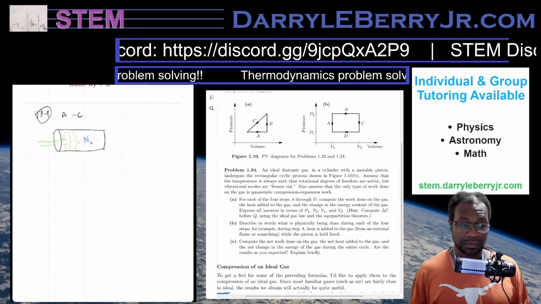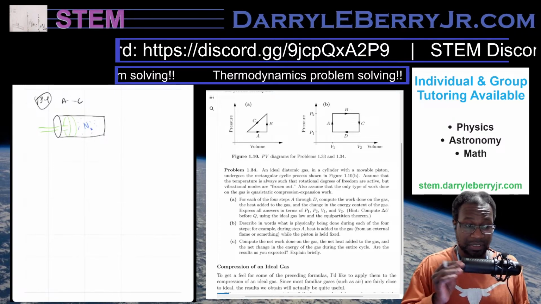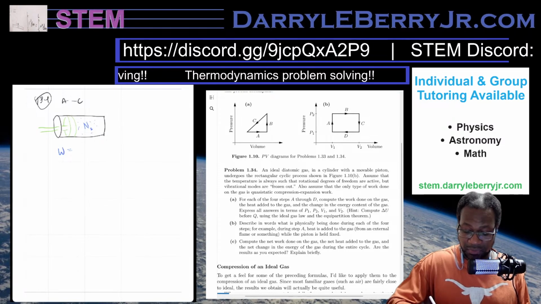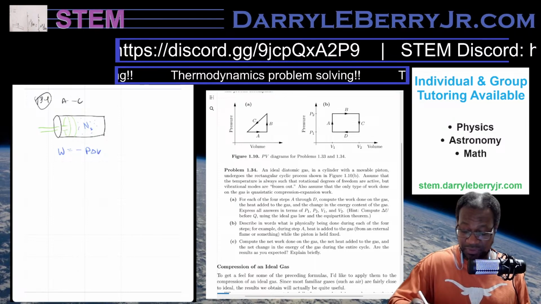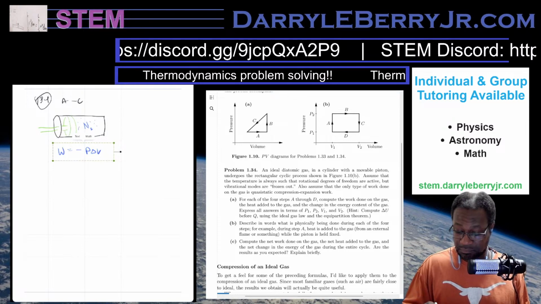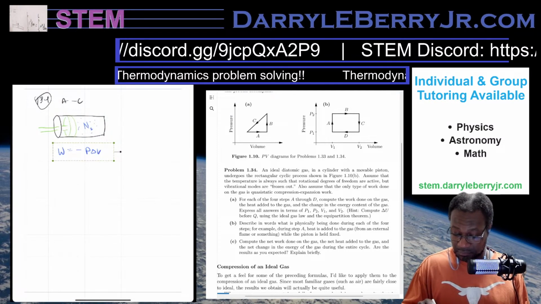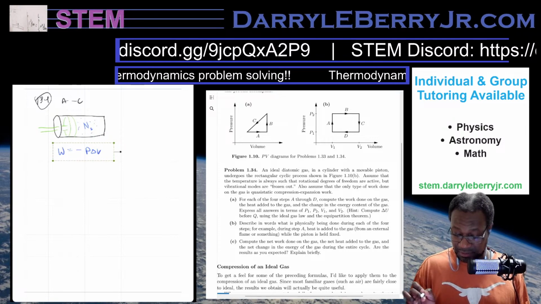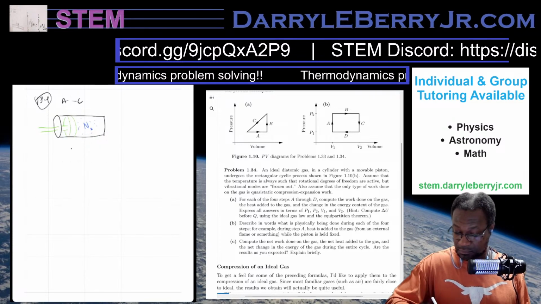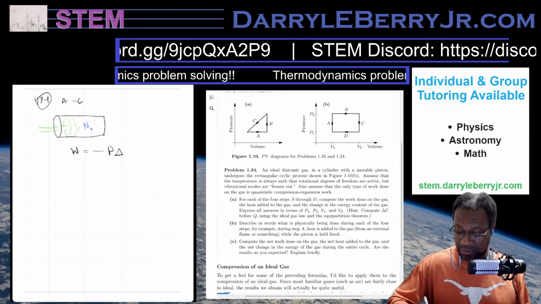It says it's easiest to first compute the work done during each step using work equals negative P change in V, which I don't think I have on the formula sheet.